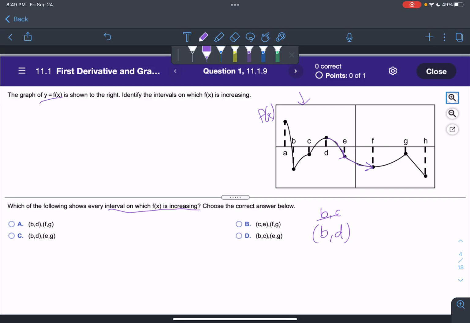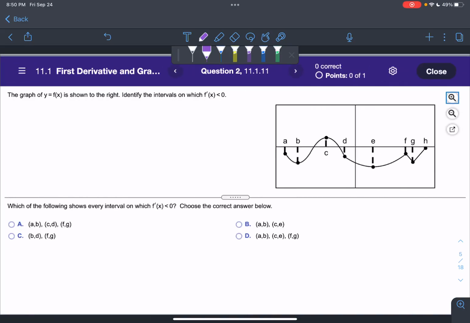So D through F is not going to be in our interval, but let's look at what happens when we have F to G. Chasing it left to right again, I see that we're trending upwards, and that is actually the last interval in which we have that trend. So here are the intervals which match A.